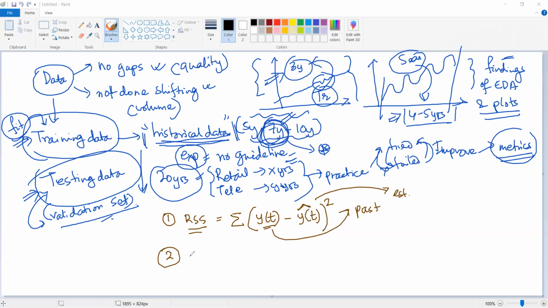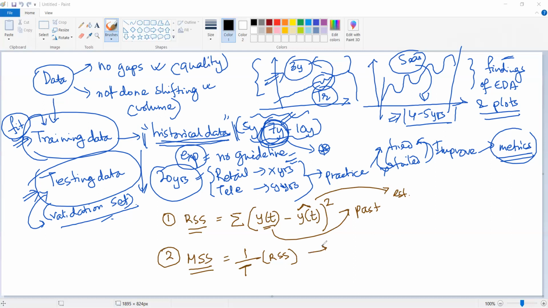The second is the mean sum of squared errors. It is nothing but 1 divided by T of RSS. T is how many time intervals I have taken.